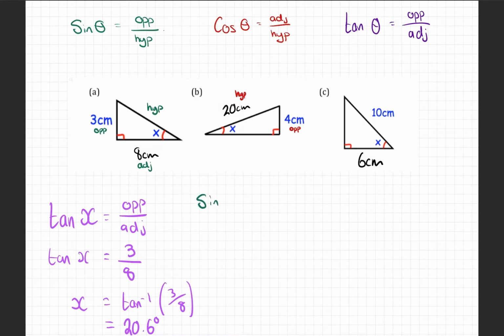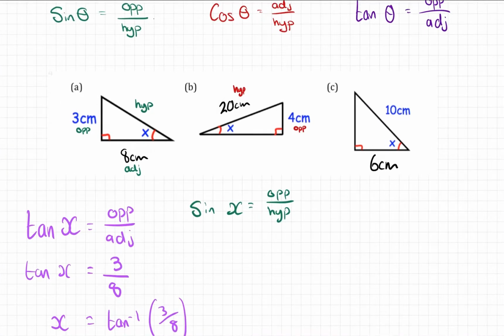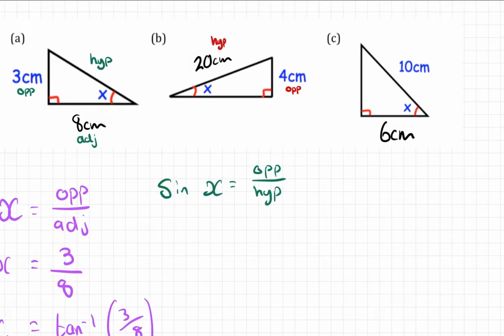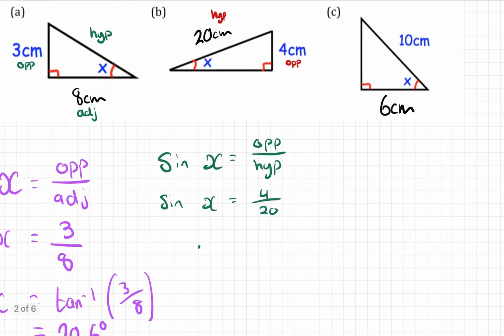Sine of X is opposite over hypotenuse. We know the opposite, it's 4, because it's opposite the angle. Sine of X is 4/20, so therefore X is going to be sine to the -1 of 4/20.